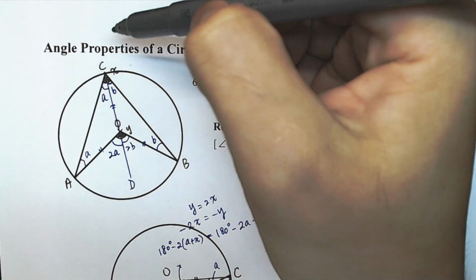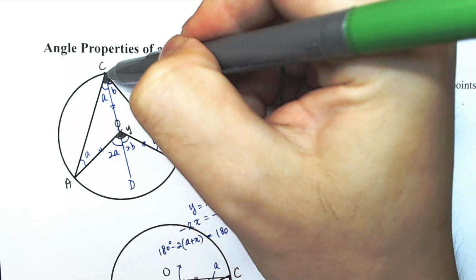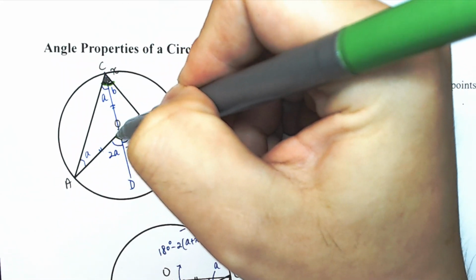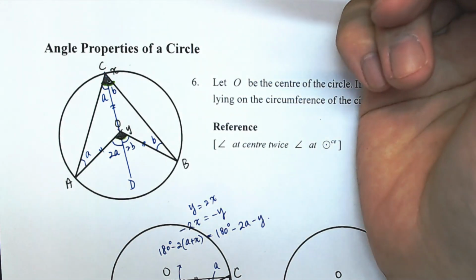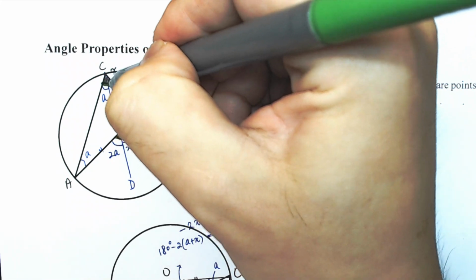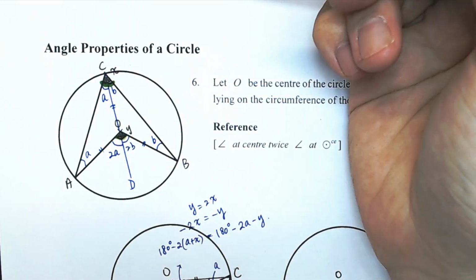The thing is like this. When you draw the angle at center and the circumference, the direction would be the same. What do we mean by direction? You can think of the small arc indicating the angle as something like this.